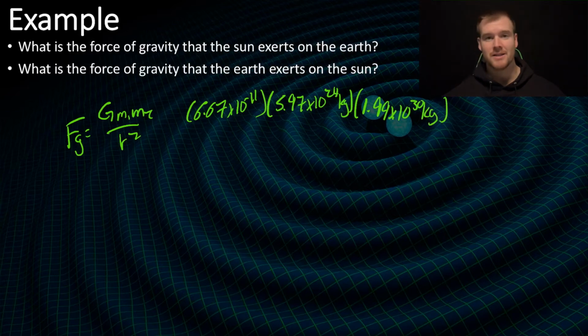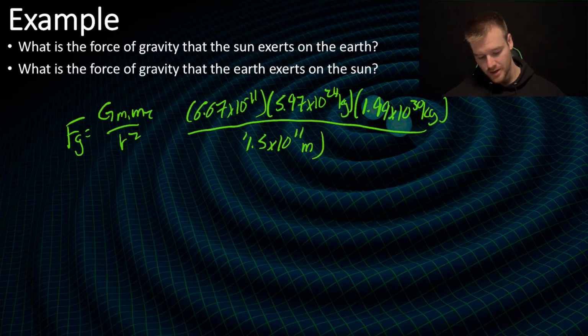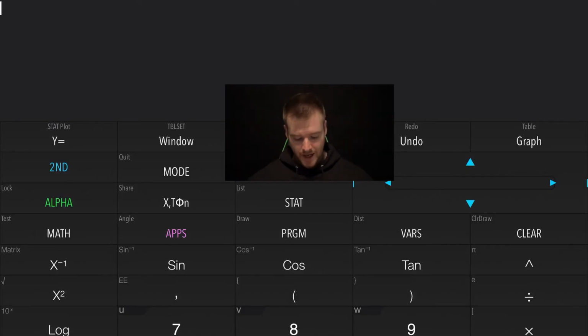And all this data is on your formula sheet. And then we're going to divide by the radius. So we need to find the radius from the center of the Earth to the center of the sun. That's going to be the Earth's orbital radius, which is 1.5 times 10 to the 11 meters, squared. So putting this all in our calculator, I put brackets, 6.67 times 10 to the negative 11.